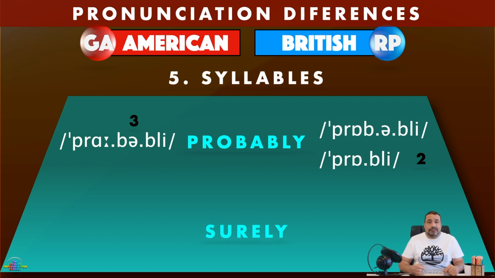The second example is the word "surely." Three syllables in America, but normally two in British. So, "surely" American, but "surely" British.